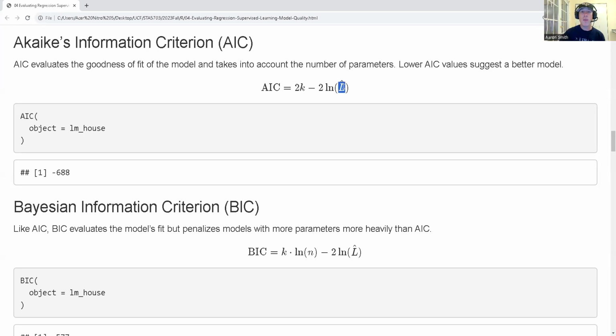Over here, this is the estimated likelihood of our model-data combination. Not all model structures have a function to evaluate this. Linear regression, we have it. Tree models, we have it.